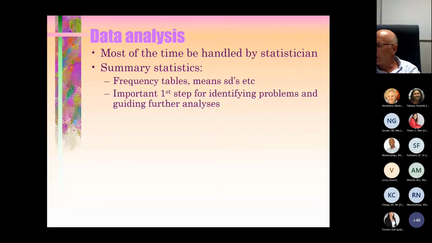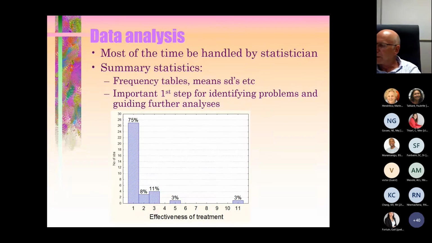And here's an example. Let's say this is an effectiveness variable that was actually measured on a 5-point scale. And now I have made a histogram of the data, and I see that there is one case that was entered as 11. This is then quite clear that it must have been a typing error or whatever the case might be, so that needs to be updated.